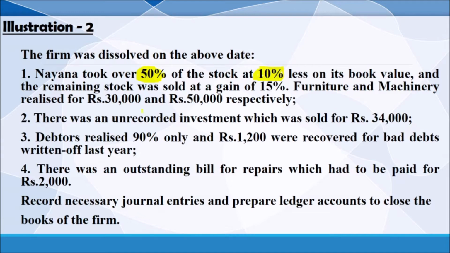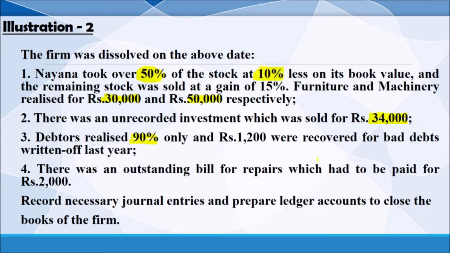Furniture and machinery are realized at furniture 30,000 and machinery 50,000. There was an unrecorded investment. We will take it into the credit side of realization. Debtors realized 90 percentage only, and 1,200 were required for bad debt written off last year.